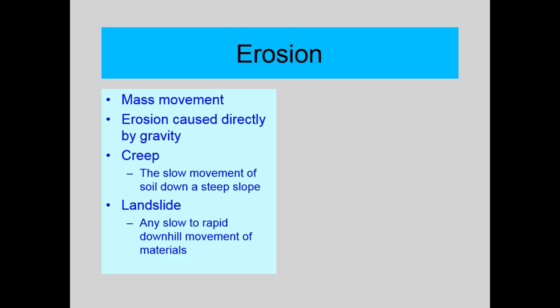So landslides are caused either by rocks falling down a hill, snow going down a hill, sometimes water going down a hill, just something that creates an issue, so the slow to rapid movement, downhill movement of materials, mostly of your soil, even though it could have rocks and logs and other things in it.